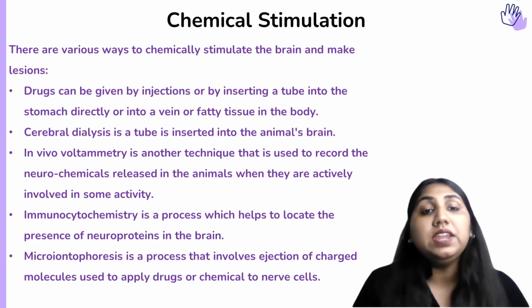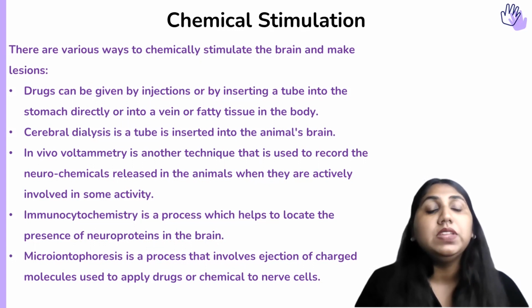All right, in vivo voltammetry is also one of the techniques used to record the neurochemicals released in the animal when they are actively participating in an action or some activity. Immunocytochemistry is a process which helps to locate the presence of neuron proteins in the brain.